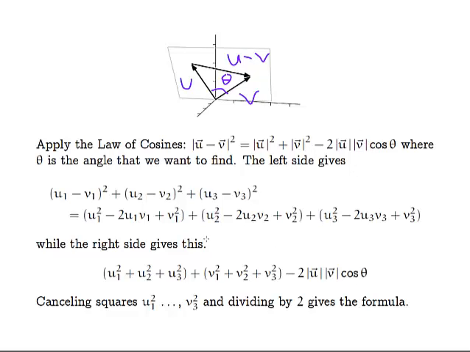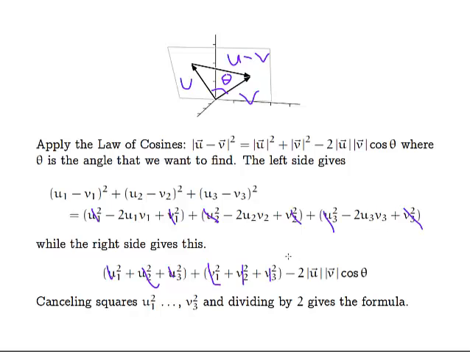Now, if you compare algebraically this expansion of the left-hand side with this expansion of the right-hand side, you're going to get a whole lot of cancellation. All of the u squareds go away. That goes with that. That goes with that. That goes with that. And all of the v squareds go away. v1 goes with that. v2 goes with that. v3 goes with that.